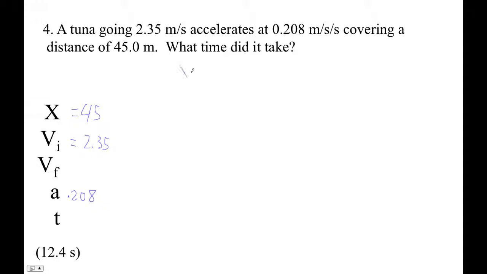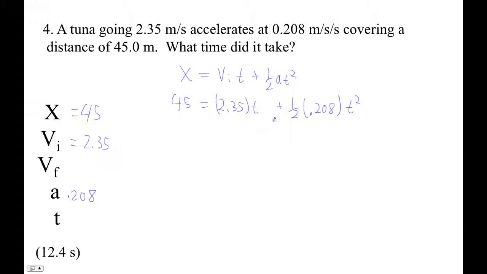So you use this formula, x is VIT plus 1/2 AT squared. So 45 is equal to 2.35 times T plus 1/2 times 0.208 times T squared.